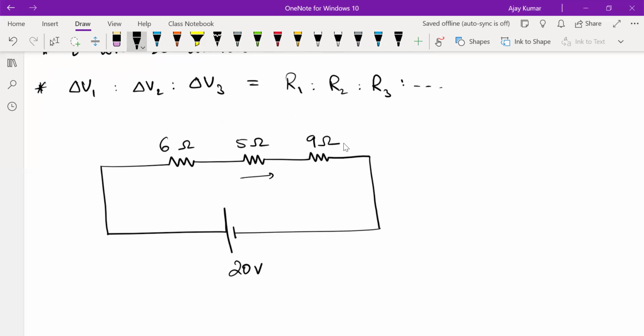What is the potential difference across the 5 ohm resistance? Calculate potential difference across the 5 ohm resistance.